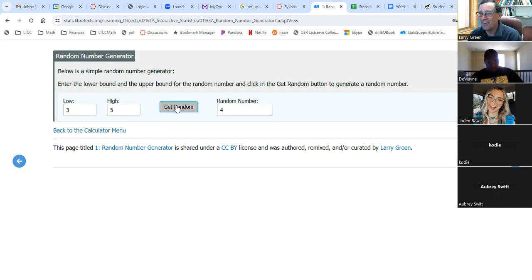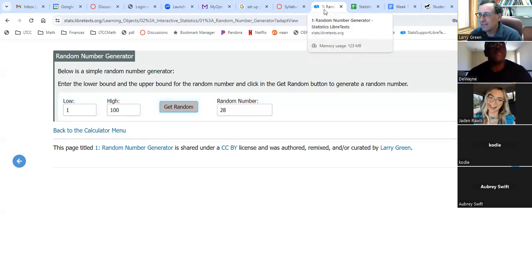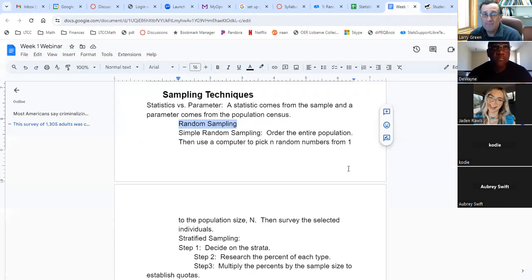Unless you have a really old phone. 28. Okay. Your phone will do it too, by the way. Random numbers are one that the phone can actually do without any problem. I've never seen a newer smartphone that doesn't do one. Any questions on that idea?